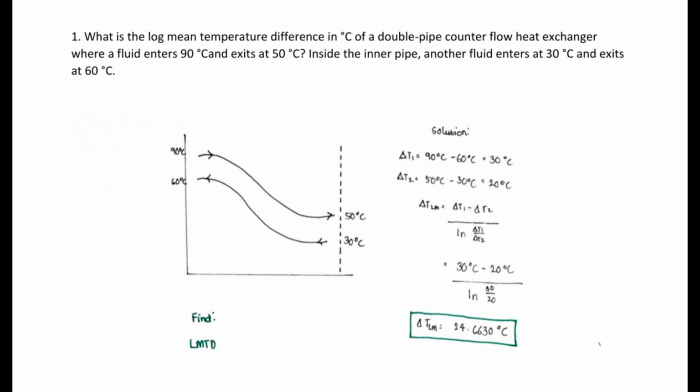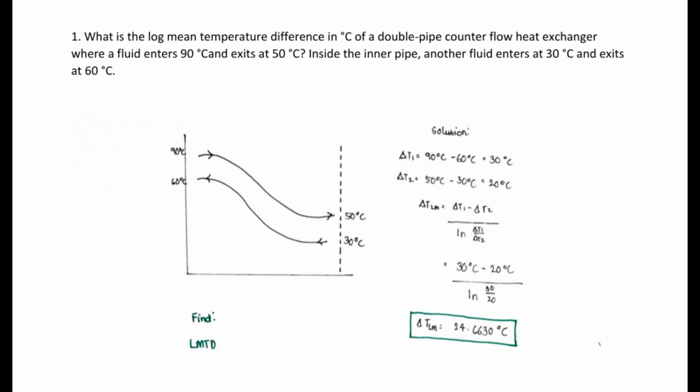So for log mean temperature difference, what we're going to do is just to get the temperature difference between the two consecutive temperatures. So since counterflow siya, yung ima-minus natin is yung hot fluid sa inlet minus yung cold fluid sa outlet.